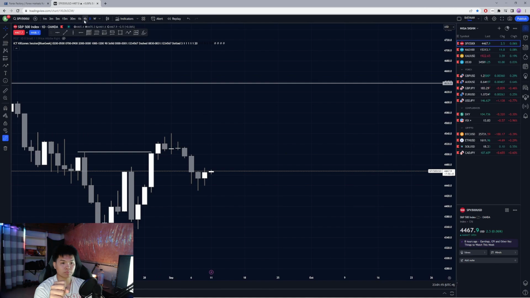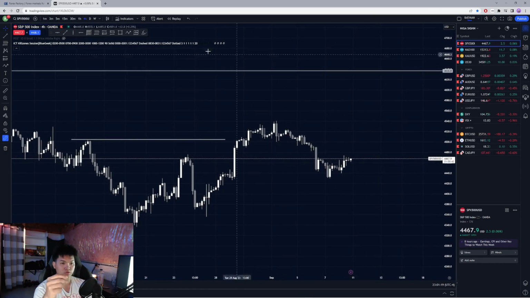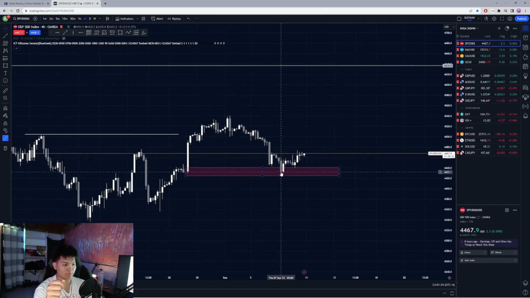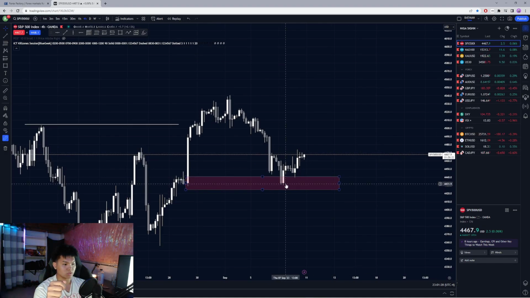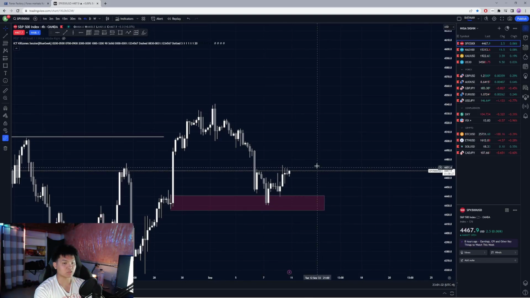This is pretty much an institutional push, so this would be a demand. I'm expecting this to go up right now. As you can see, we just rejected this and are continually forming demand zones.